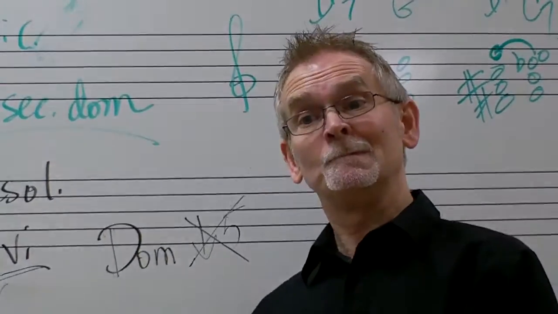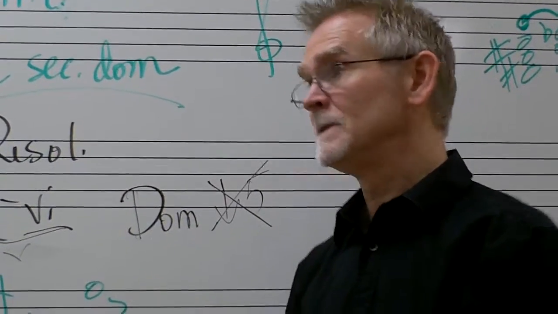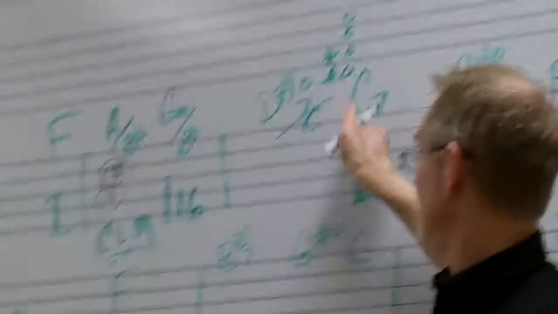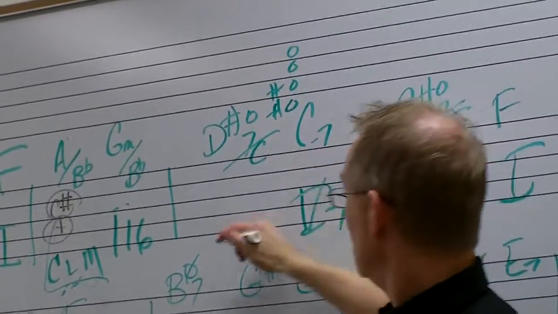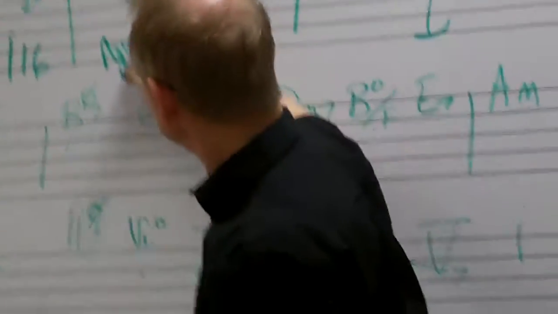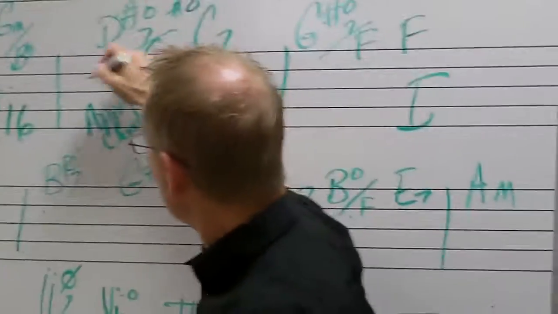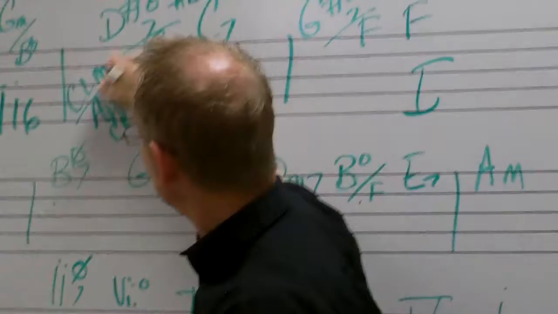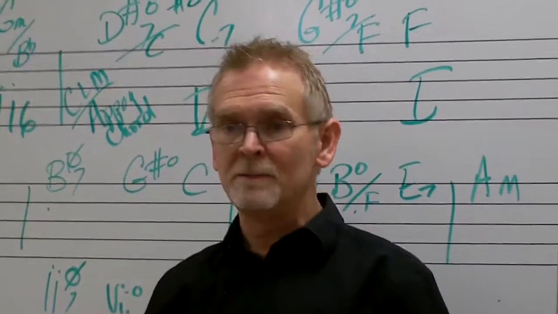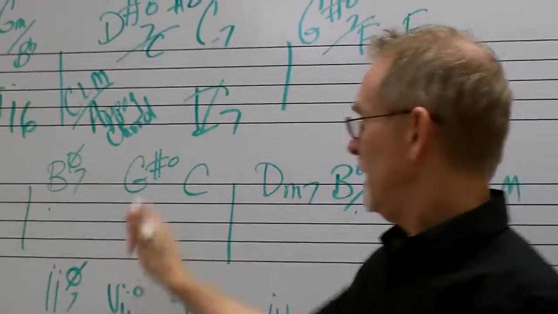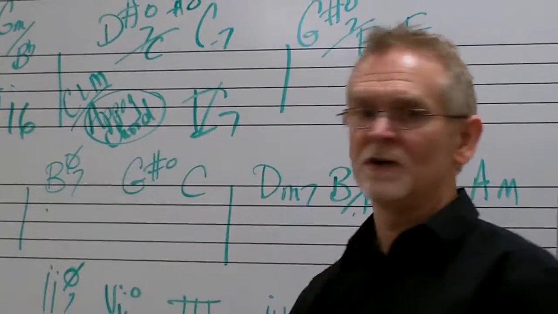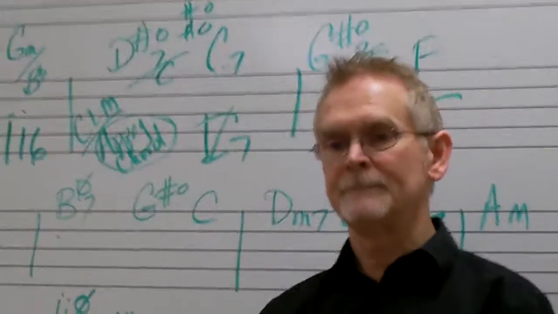In this case, since we have one note in common, the C to the C, we call this an appoggiatura chord. Or you could say chromatic linear movement, and it is an appoggiatura chord. It's both. But it's important to recognize that it's functioning like an appoggiatura chord.